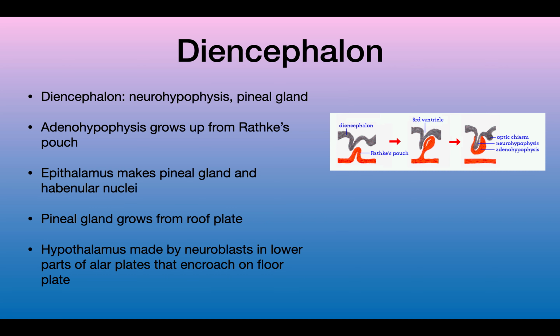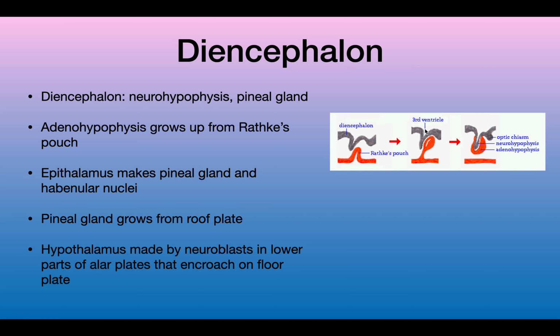Okay, so the diencephalon is where the neurohypophysis is, and the pineal gland. The adenohypophysis will grow up from the Rathke's pouch. So that comes from the ectoderm. This comes from the neural crest, and they kind of meet. Like this grows up, this goes down.